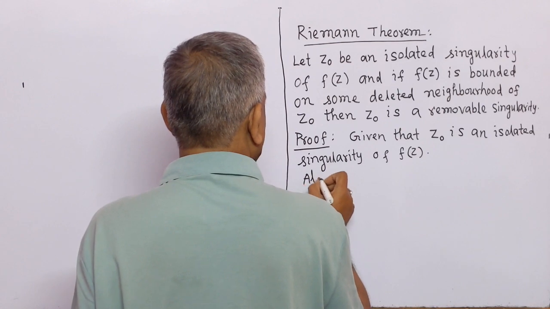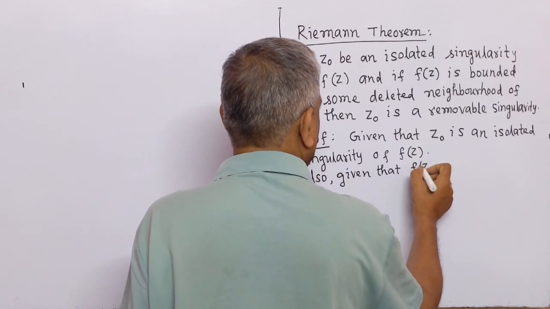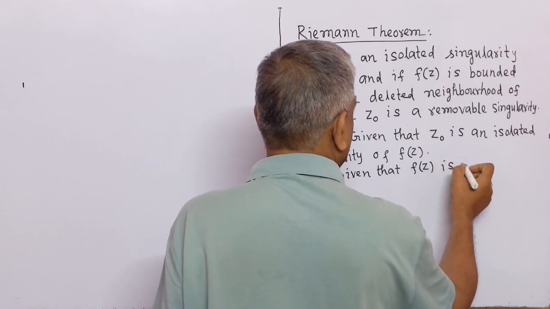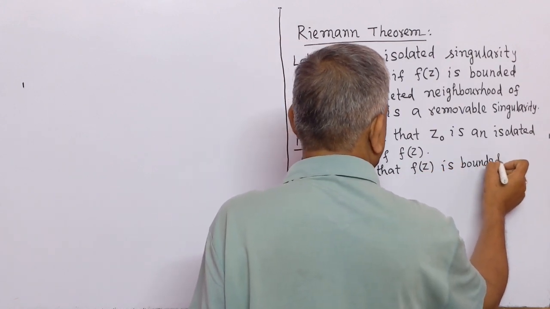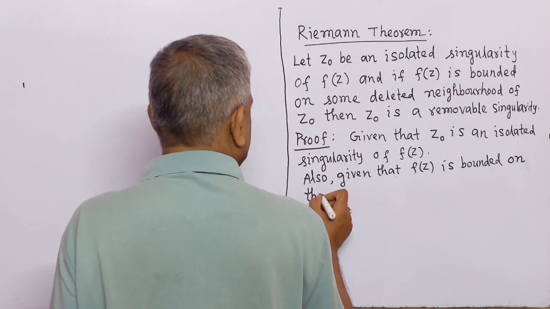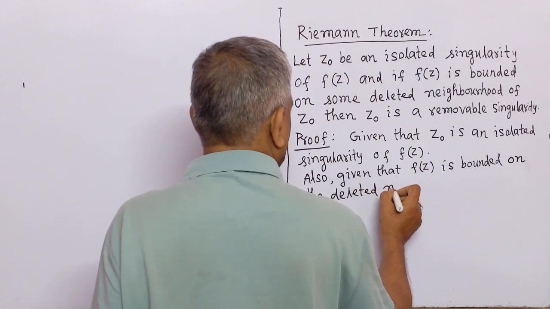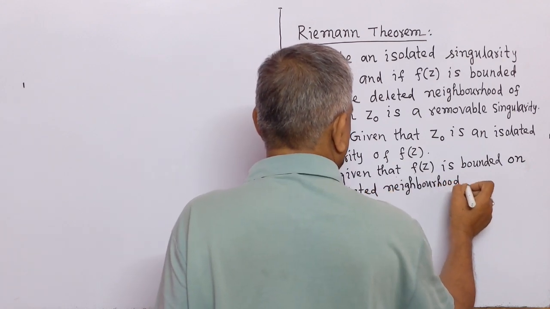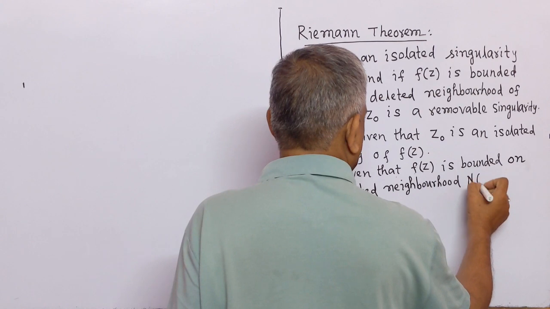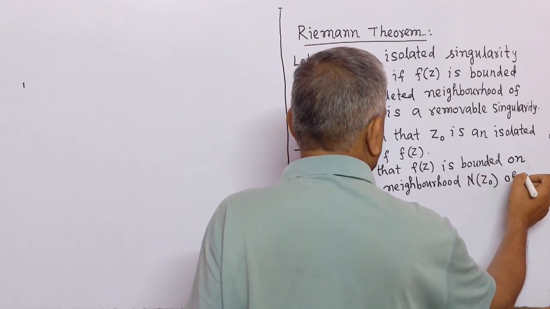Also given that f(z) is bounded on the deleted neighborhood in z naught of z naught.